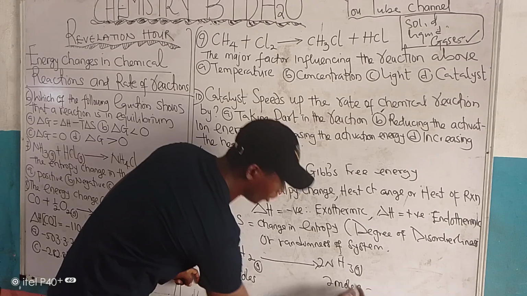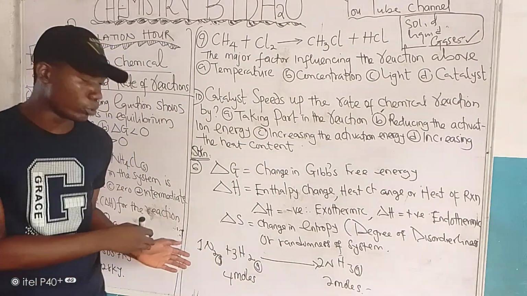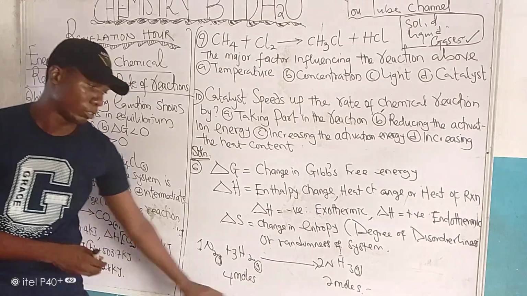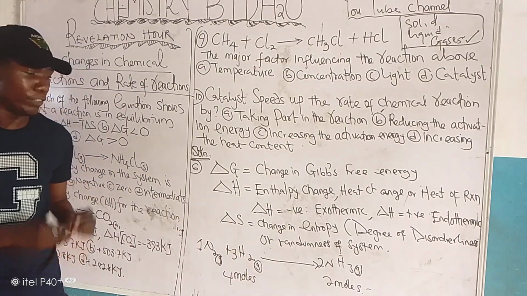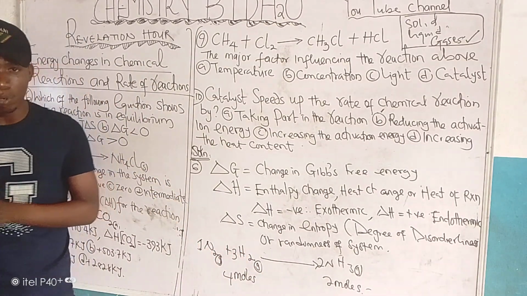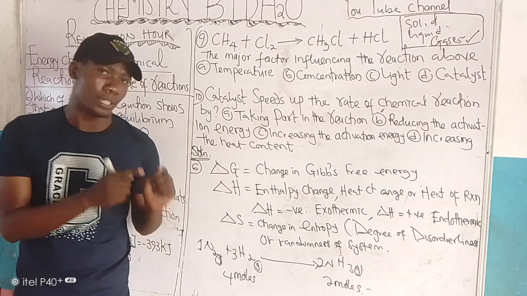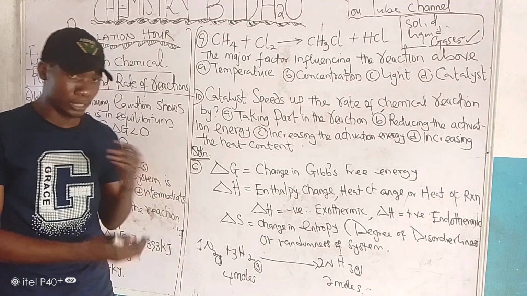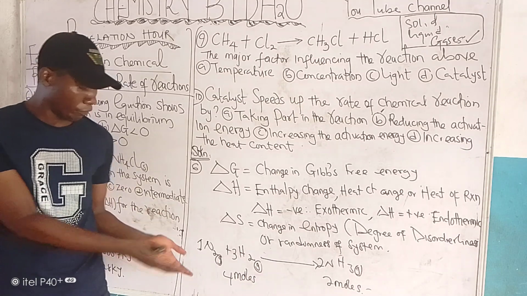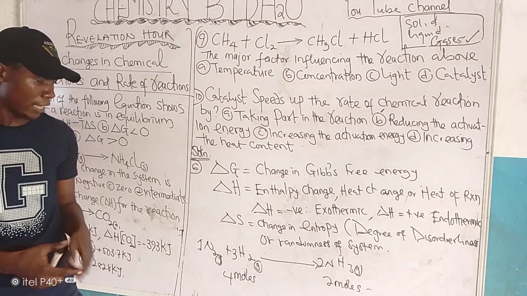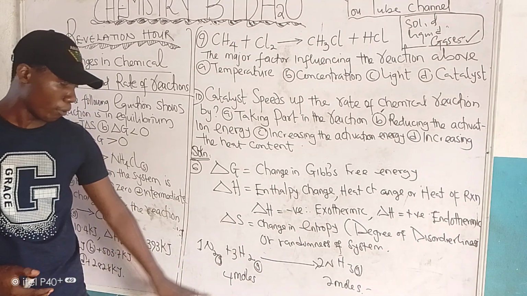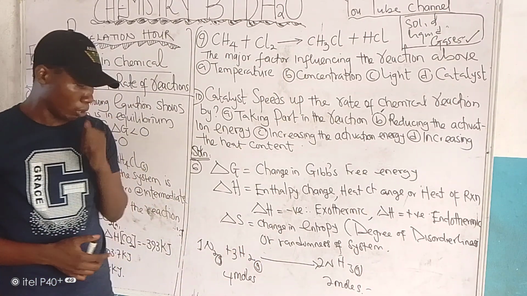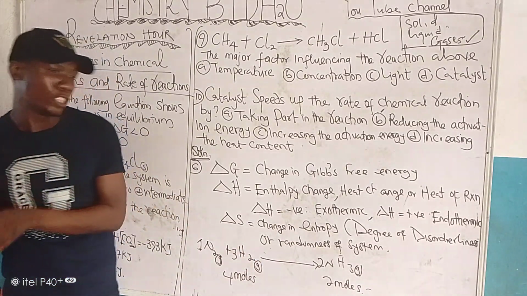So can you please tell me, class, what has happened to the number of moles? The number of moles has changed from 4 to 2. So if there is a decrease in the number of moles, it means that the entropy will reduce. So if the number of moles increase, the entropy will increase. So for this reaction, since the number of moles changed from 4 to 2, the entropy has reduced, also called negative entropy.